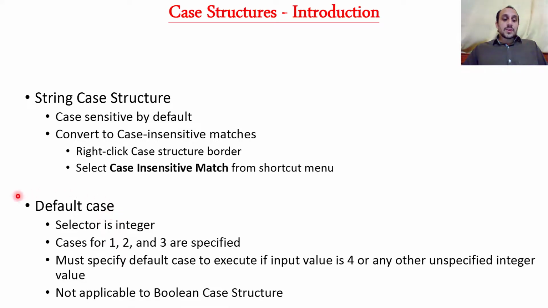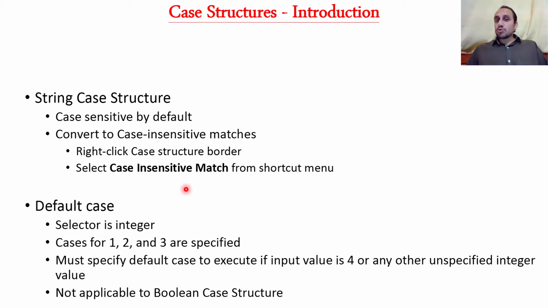Okay, so now we will talk about the default case. So what is a default case? For example, we are asking the user to enter one of four numbers, 1, 2, 3 or 4. If the user enters 1, then the two numbers will be added. If the user enters 2, then the two numbers will be subtracted, and so on. But instead of these four numbers, the user entered, let's say, 19.